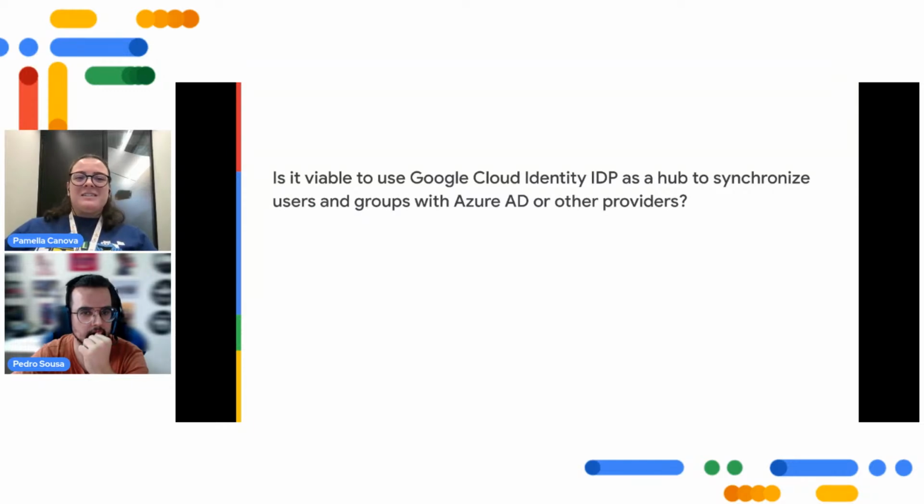So the first question we got is: is it viable to use Google Cloud Identity as a hub to synchronize users and groups with Azure Active Directory or other providers? It depends on what your main goal is on syncing users, because if all your applications and resources are in Azure, for example, or your on-prem environment, and you're just going to use Google to access resources like Google Cloud, then you have to think that maybe changing the identity provider to Google is going to give you more work to do, and maybe it's not the best option.